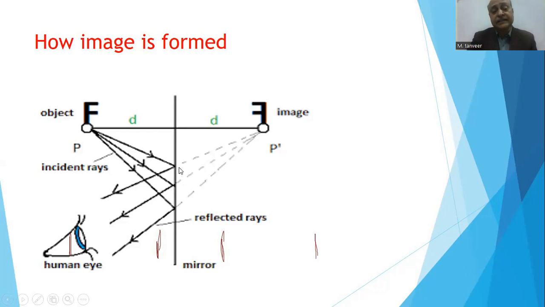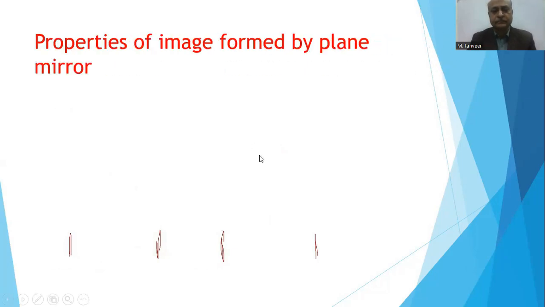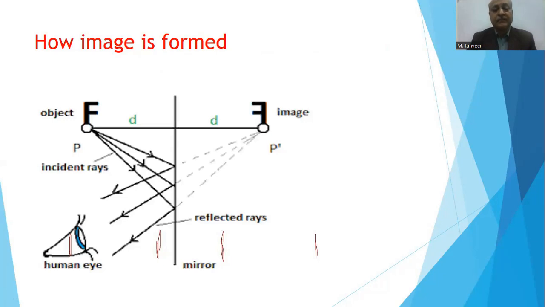When I extend these rays in the backward direction, where these rays converge, the point where these rays meet, that is the image of the object.